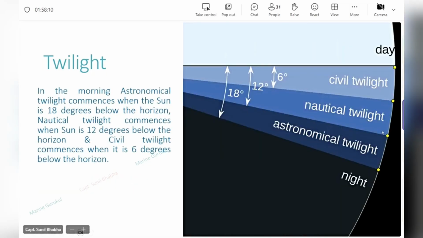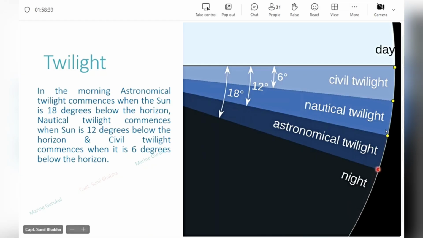Now we have zoomed into the right side portion of the diagram depicting the sunrise. Now you see the sun is at this instant at a particular time. As the sun approaches our horizon, right now it is night, it is totally dark. We are not receiving any light from the sun.